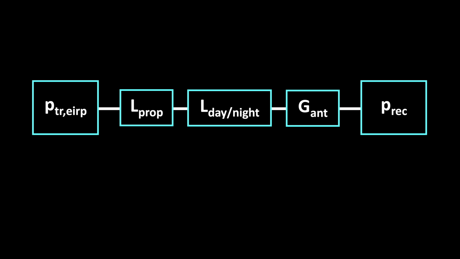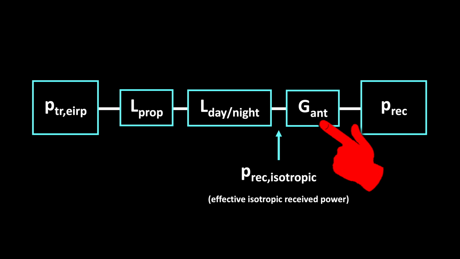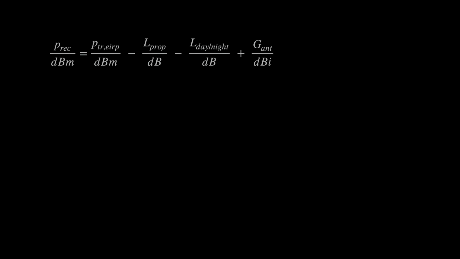It's a typical telecoms engineering approach. The isotropic received power is calculated so that you can determine the signal strength based on the receive antenna gain. We are essentially just adding up dBs.